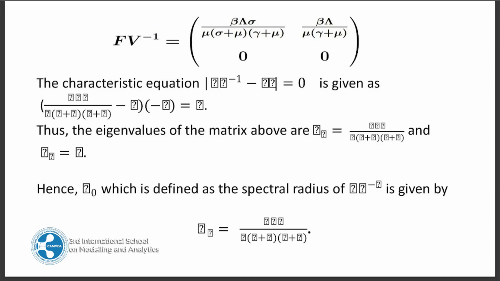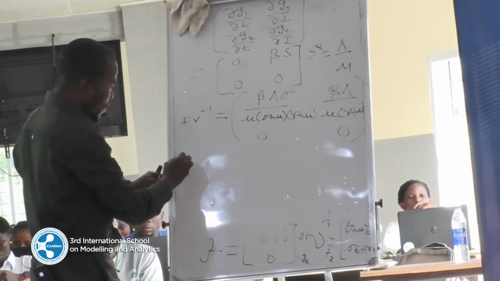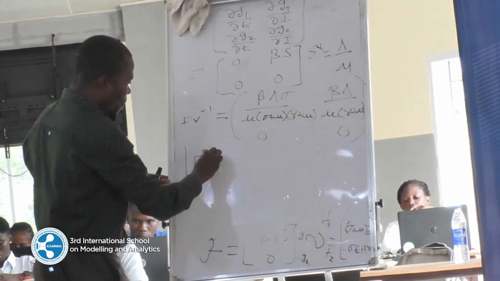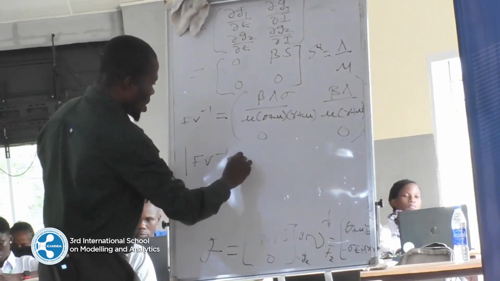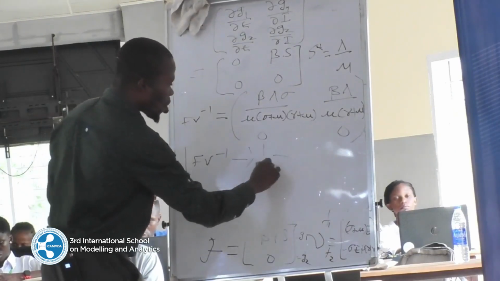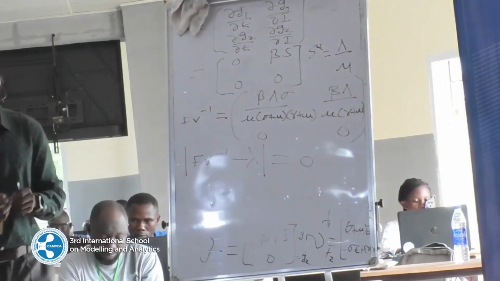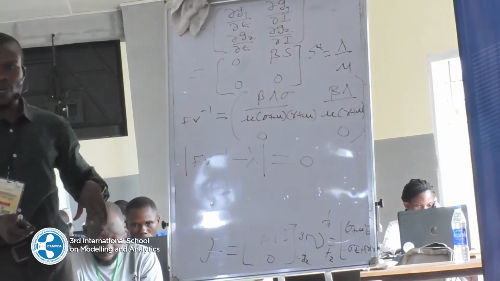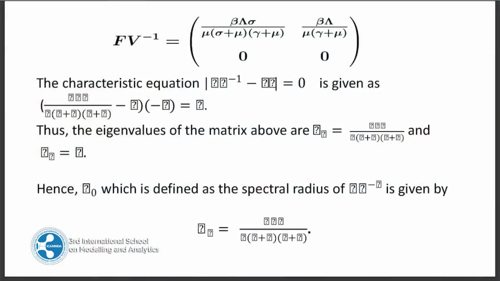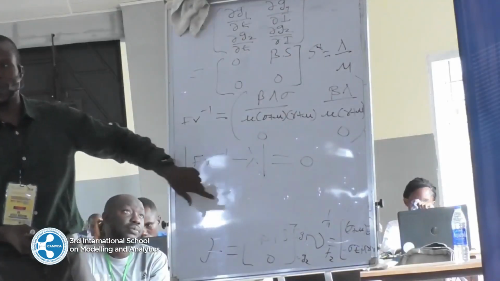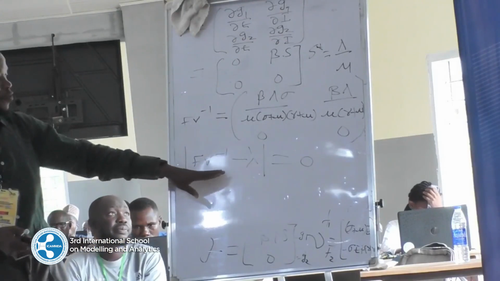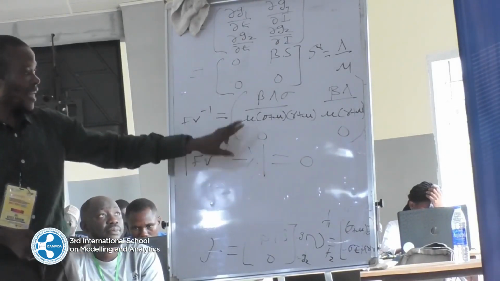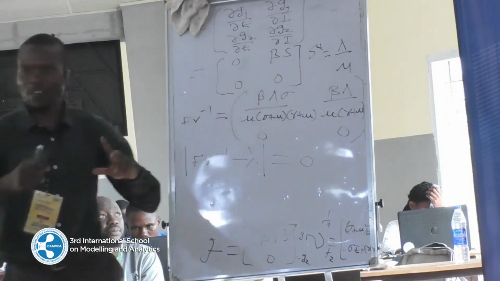So if you have this, it means that if I have the determinant of FV inverse minus lambda I equals 0, that is, I want to find the eigenvalues of this matrix, which means I have to solve the resulting characteristic polynomial. If I'm able to find these lambdas associated with this matrix, I have a 2 by 2 matrix.